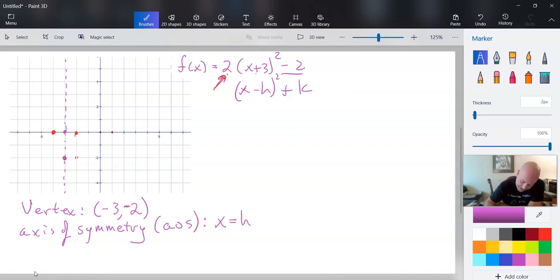So we have that now. There are two other things that you're going to be asked for, one of which we already found by accident, but I'm going to go through it and do it the long way. There's also x-intercepts and the y-intercept.